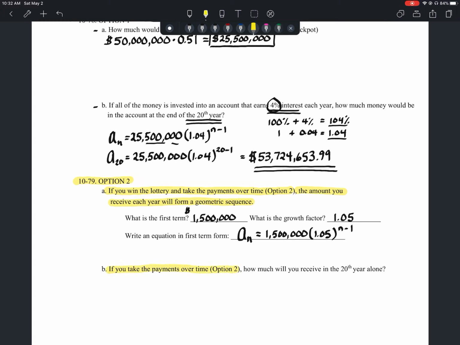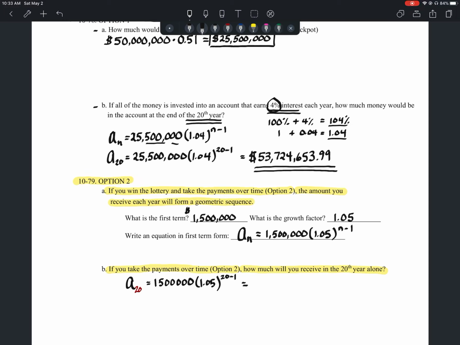We know that we're trying to find our 20th payment here. So A sub 20 is going to equal 1,500,000 times 1.05, and we're going to raise that to the power of 20 minus 1.